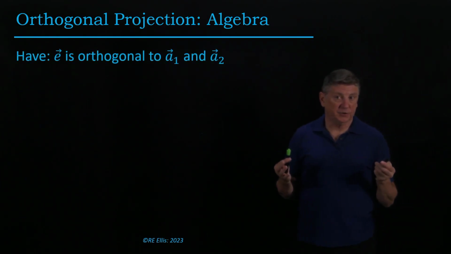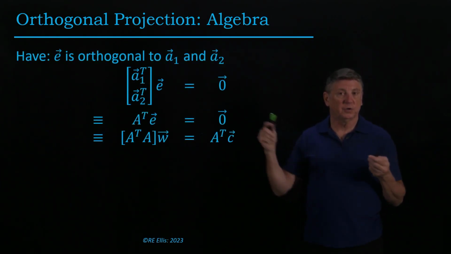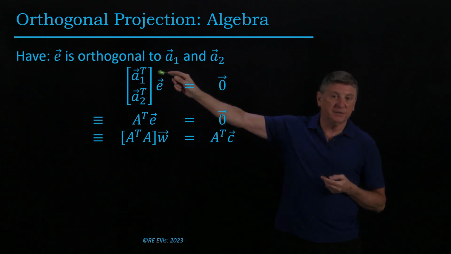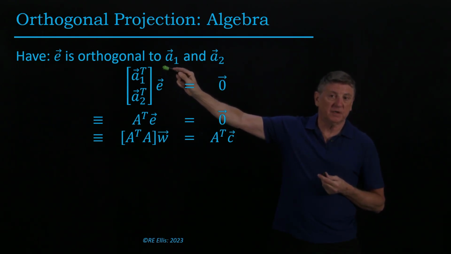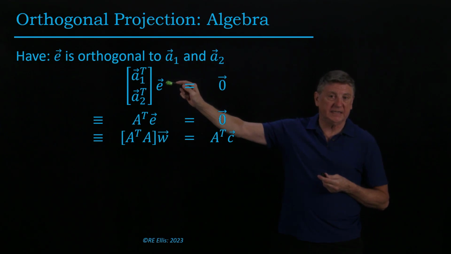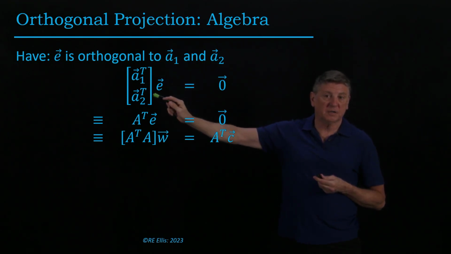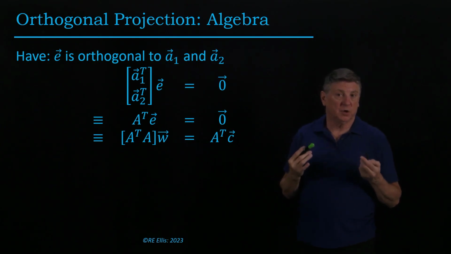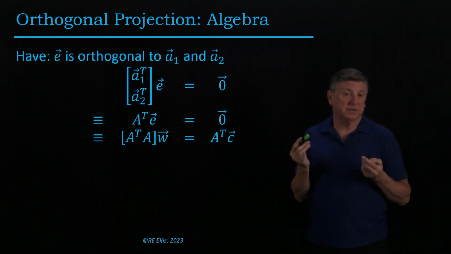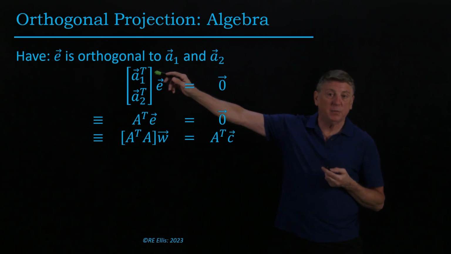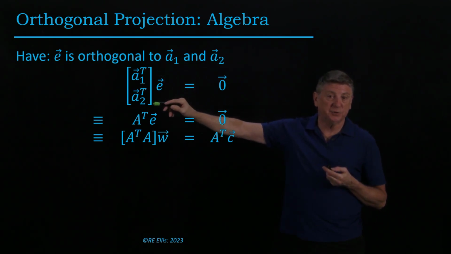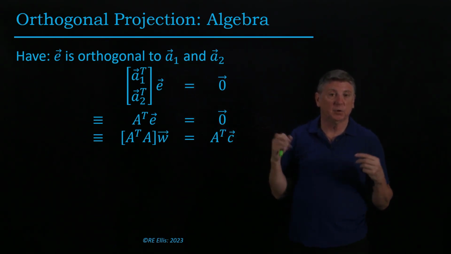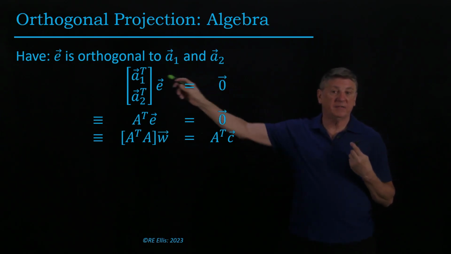Let's look at the algebra. If it's orthogonal, that means that the dot product of A1 and E has to be 0, and the dot product of A2 and E has to be 0. One way of writing a dot product is by transposing the left vector. So we can say A1 transpose E and A2 transpose E each have to be 0. We gather them together and we have a matrix.